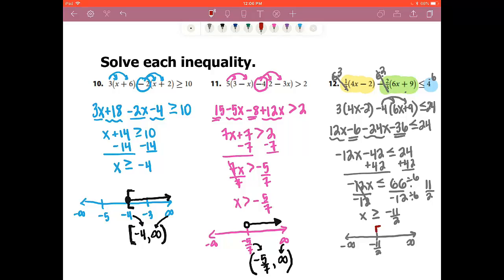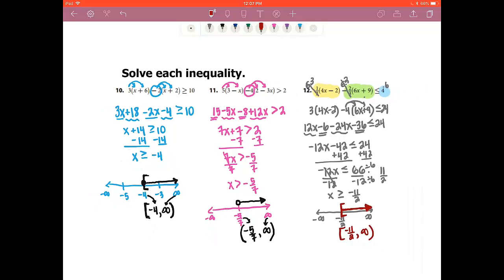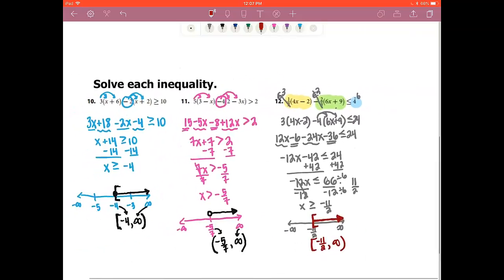X is greater than or equal to, shades to the right, so our graph has a bracket at -11/2 and shades to the right, and our interval notation is -11/2, comma, positive infinity.